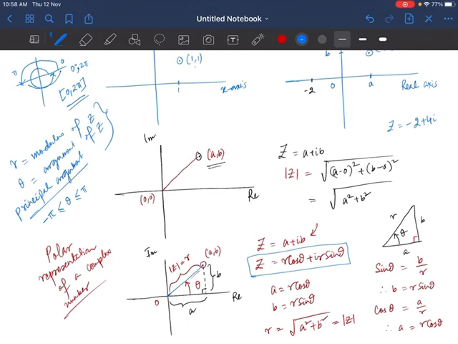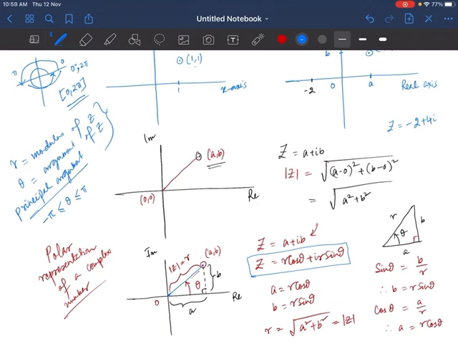Why are we getting minus pi? You know that when an angle rotates in the clockwise direction, we get a minus of the angle, right? The positive direction from the x-axis is anti-clockwise.